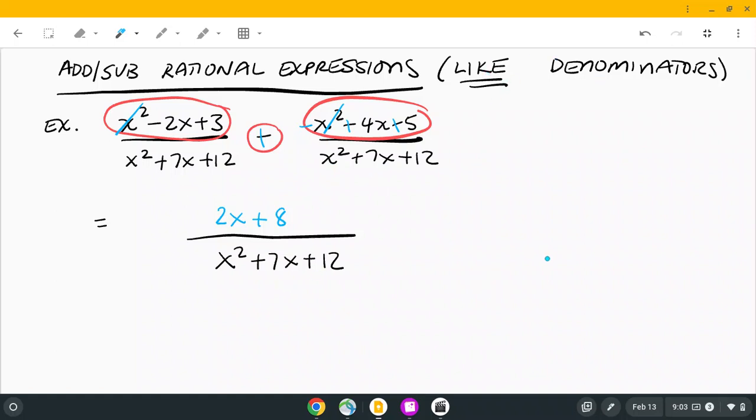Okay. But just like in the past when you're adding fractions, suppose that you have 2 over 8 plus 4 over 8, right?